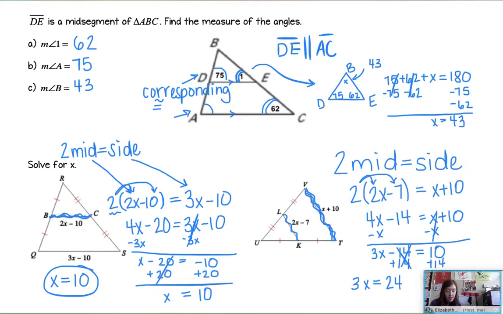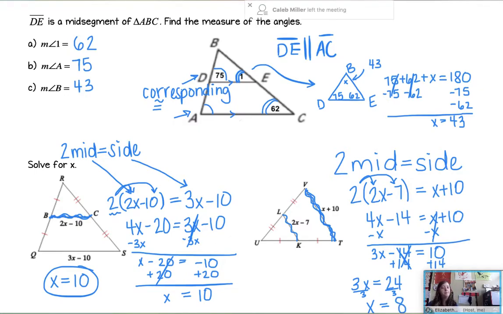So 24 divided by 3, we're going to divide by 3, divide by 3. So x will equal 8. I'll give you a chance to take a screenshot of that. I'll wait here for just a minute before we go and try those last 2 problems.